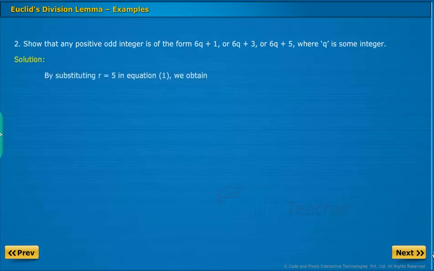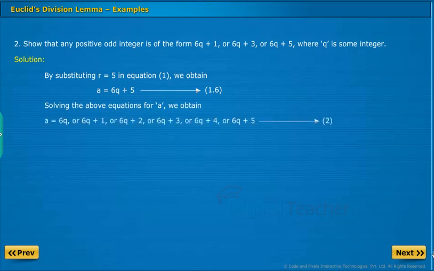By substituting r equal to 5, we obtain a equal to 6q plus 5. Solving the above equations for a, we obtain a is equal to 6q or 6q plus 1 or 6q plus 2 or 6q plus 3 or 6q plus 4 or 6q plus 5.